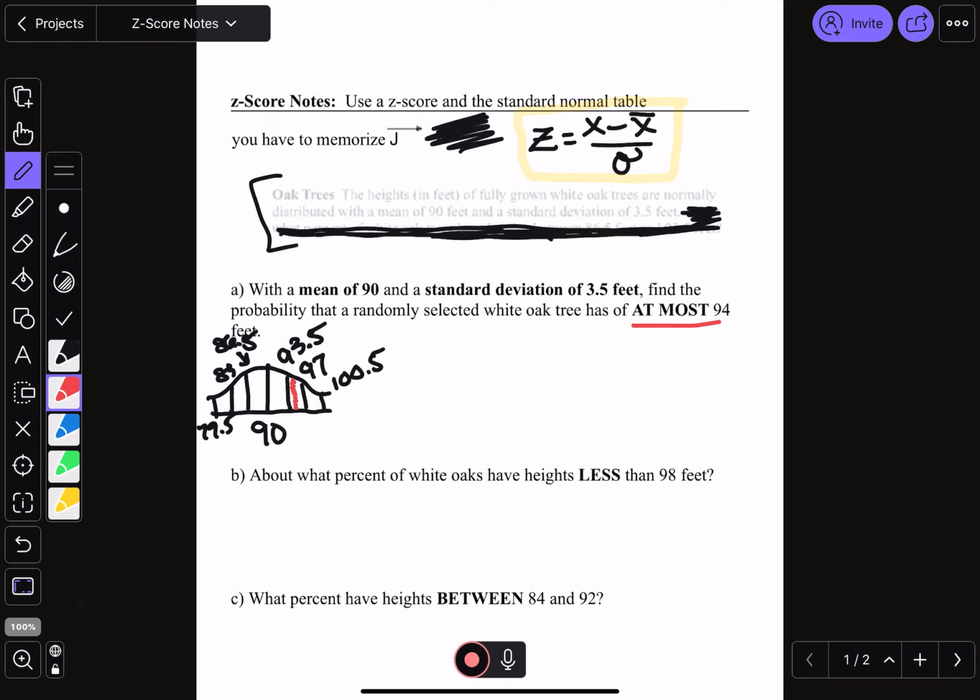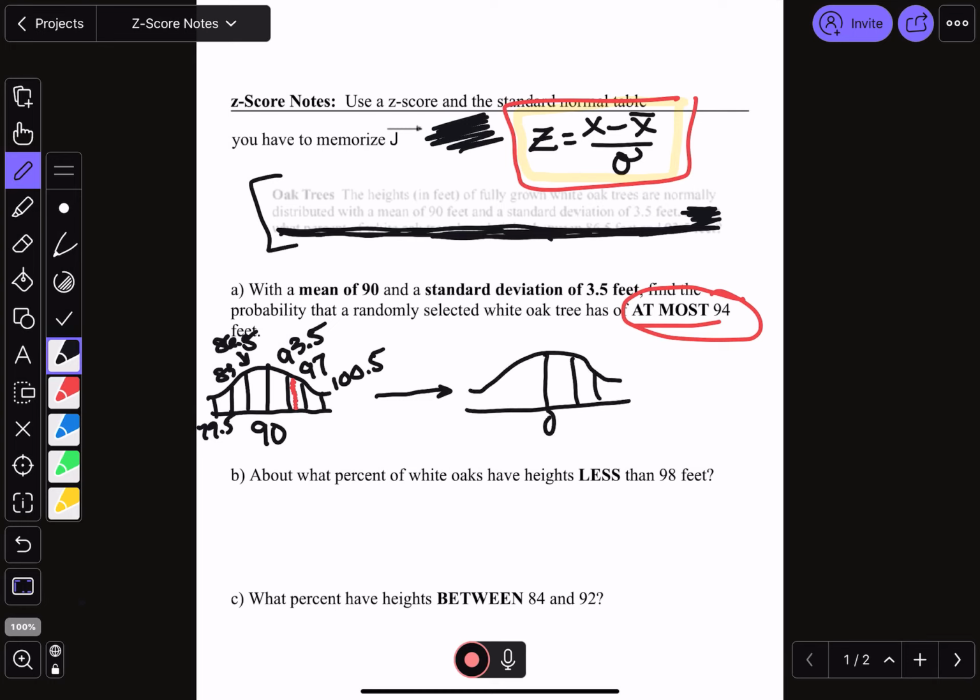Before, in the last set of notes, the number was on the chart, so all you had to do was add up the percentages. This time, 94 does not fall on my curve, so I'm going to have to use my z-score formula, okay? Basically what this does is it turns my information into a standard curve where the mean is 0 and my standard deviation is 1. So 1, 2, 3, -1, -2, -3, okay?